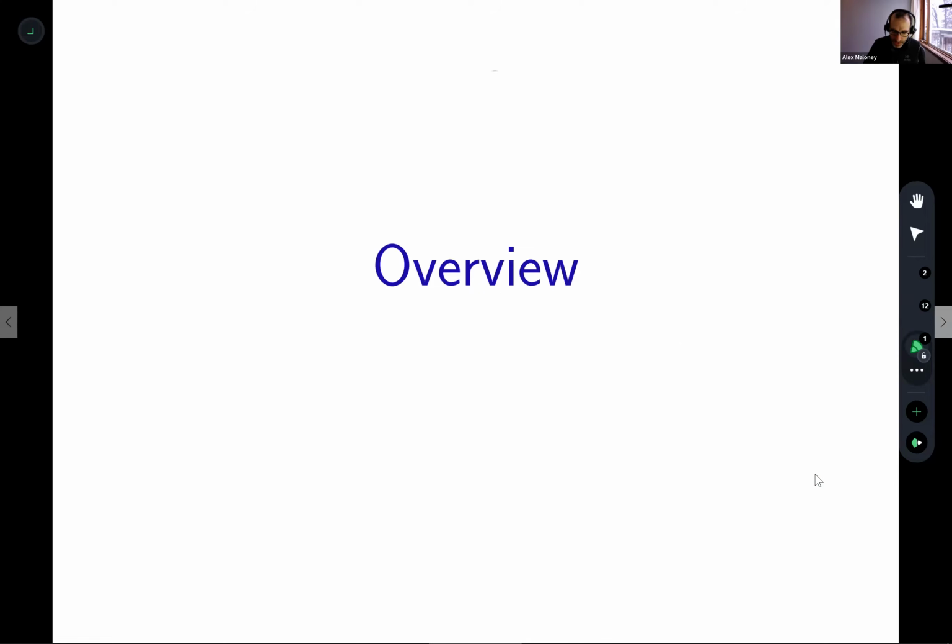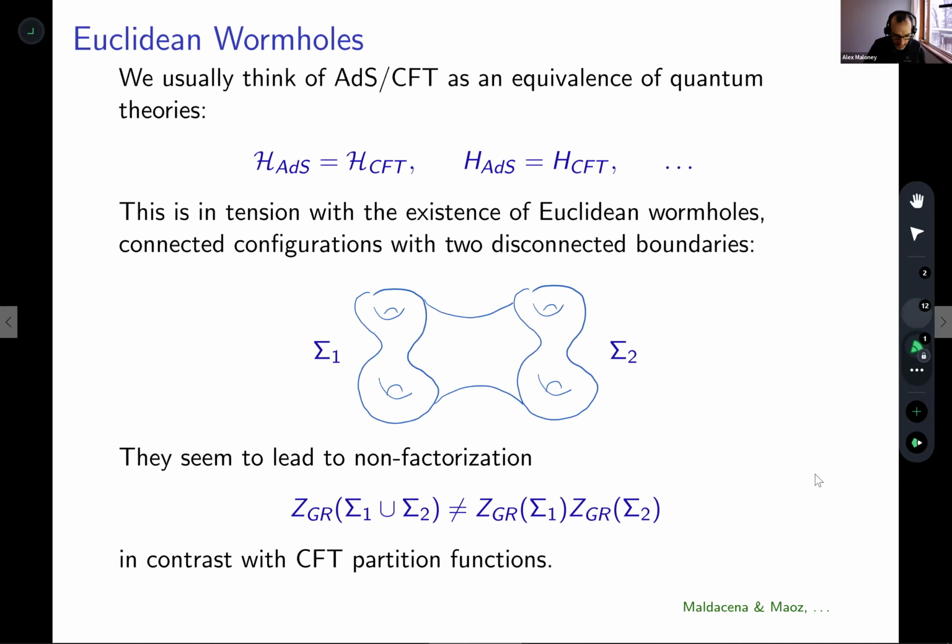So let me just begin with a very general overview of the mystery that I'm going to be trying to think about today. When we think about the ADS-CFT correspondence, we usually think about it as an equivalence of quantum theories. That is to say, you think about ADS gravity as a quantum system, and quantum gravity in ADS should have a Hilbert space, and it should have a Hamiltonian.